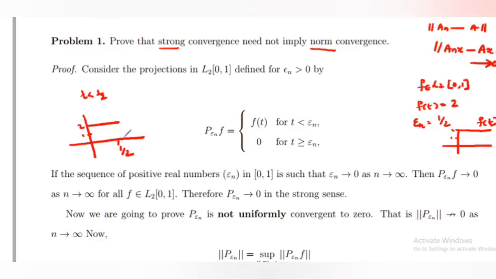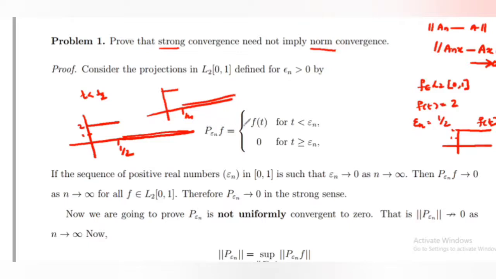For all other points this is 0. Suppose epsilon n is equal to 1 by 4, then what happens? Suppose this is 1 by 4, f of t is this one, and for all other points this is equal to 0.